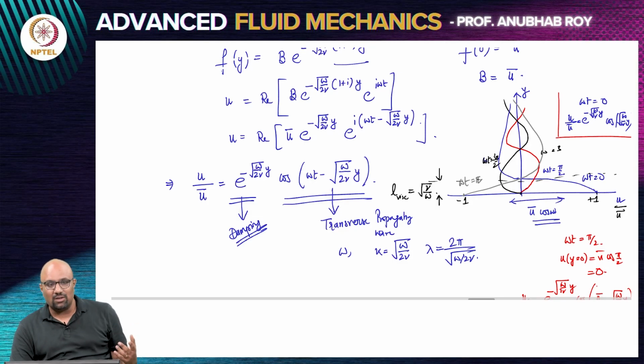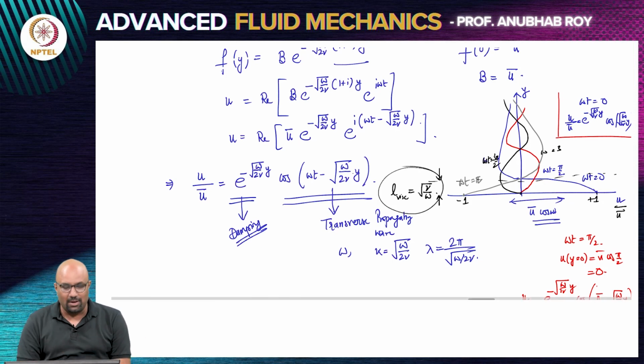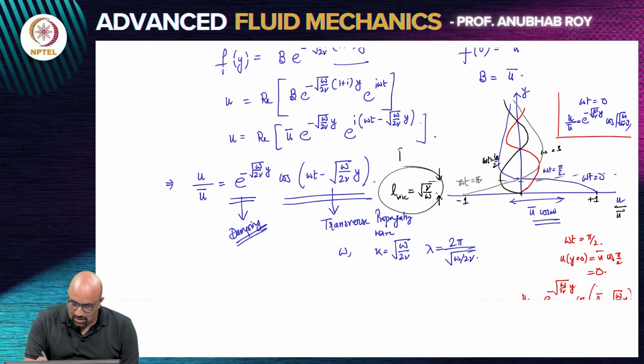If you think in terms of how much of the viscous effects are affecting the flow, that diffusion of momentum is happening over a region which is square root of nu by omega. So this is known as the penetration depth.